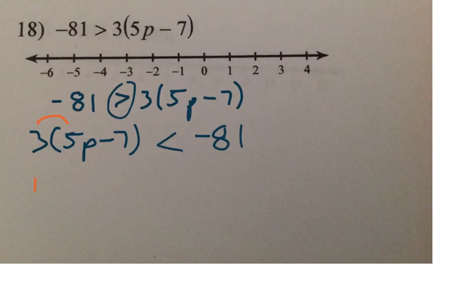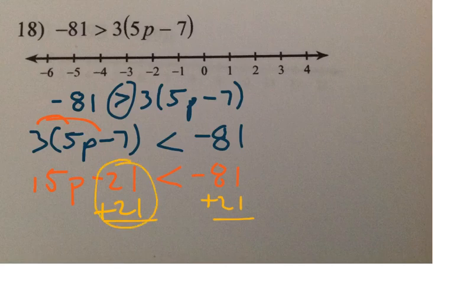Distributive property, right? 3 times 5p is 15p. 3 times positive 7 is 21. That's going to be less than negative 81. What's next? To get rid of the plus 21, we're going to subtract 21 from both sides. Plus 21 minus 21 is 0.